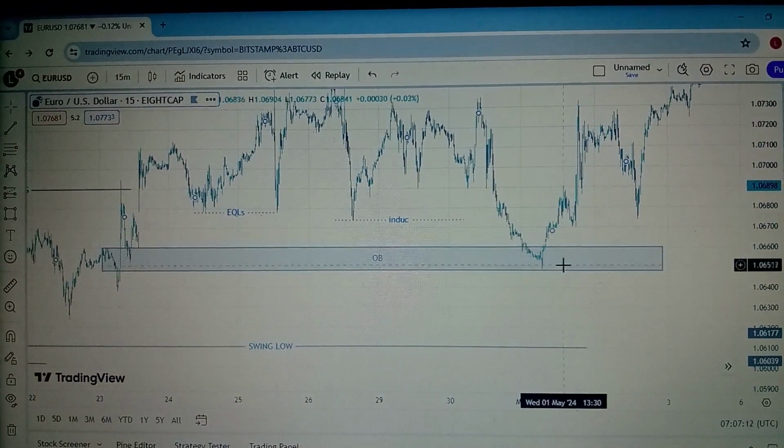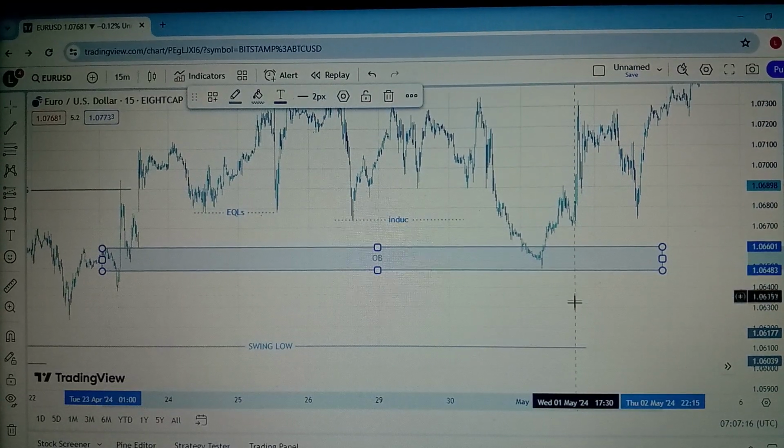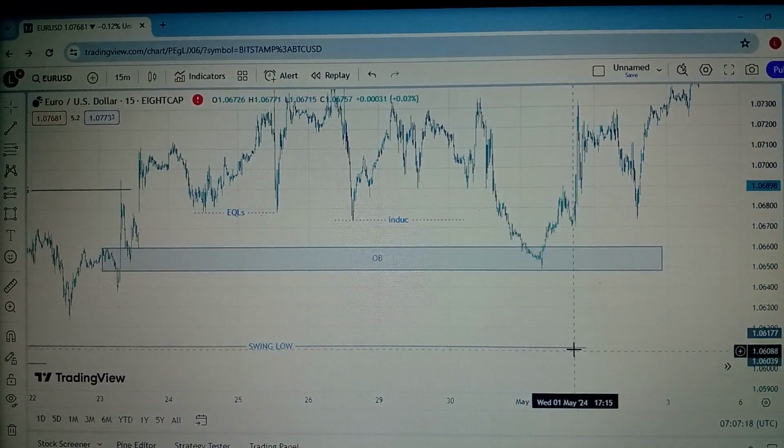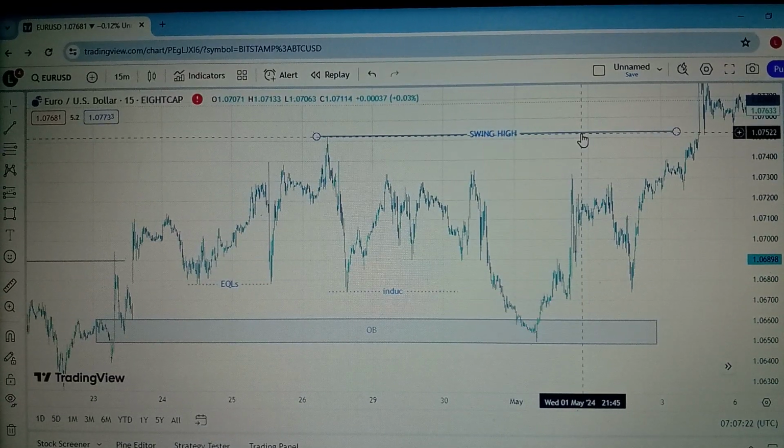What I saw is that we tapped into our 4-hour POI right here, and we're trading from this low to this high up here.